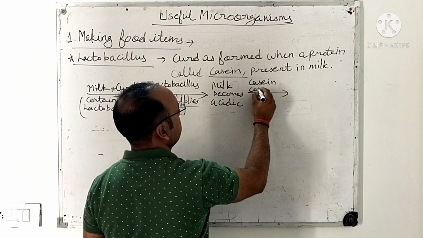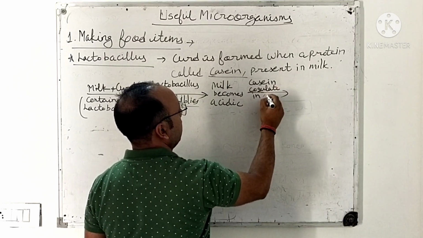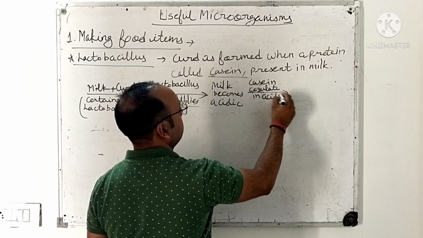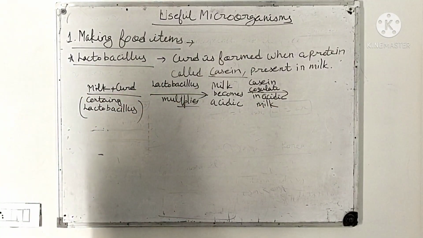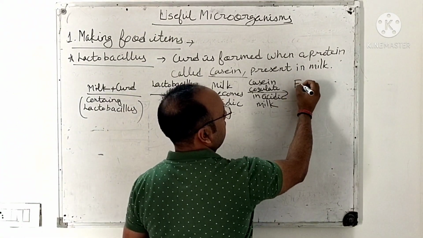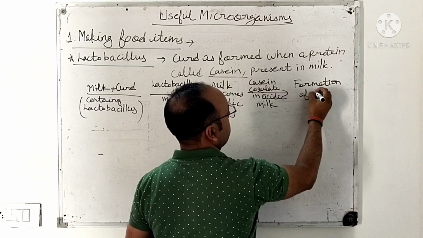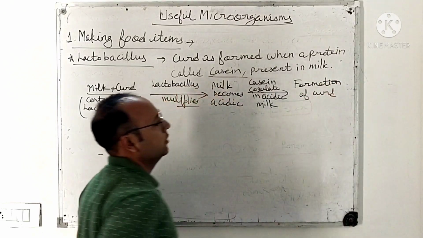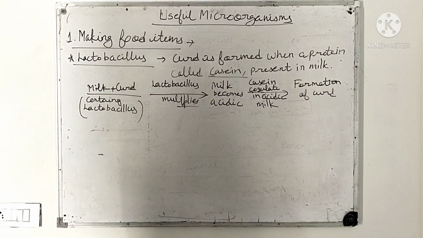When they coagulate, they form the curd. Here we get the formation of curd. That's it. So these are the steps of how the formation of curd takes place. Very simple. Everybody should know this.